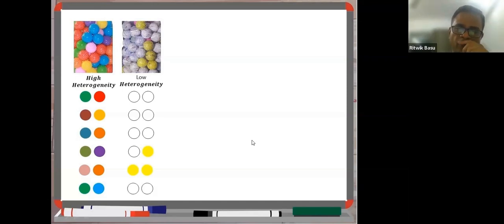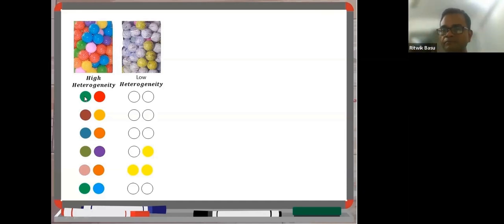Therefore, this probability value for a highly heterogeneous system is the least. If you take the square of such probability values, it is going to be further less.